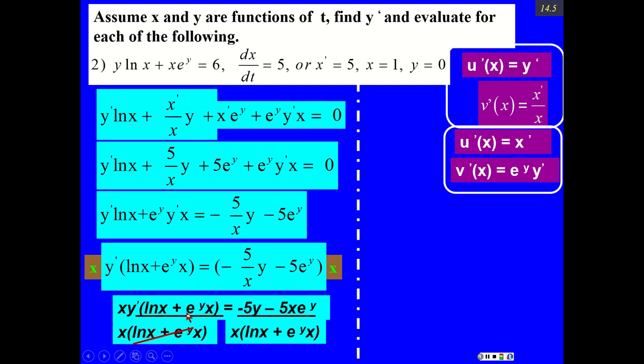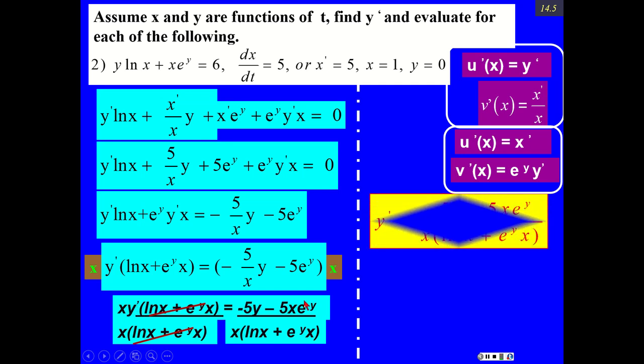Then I will divide both sides by the x and this parenthesis. Then this way, this and this, of course, with this x is gone, then y prime is going to be equal to this. This is my derivative. Again, you can say y prime, or you can say dy over dx. Now, that was my first part question.